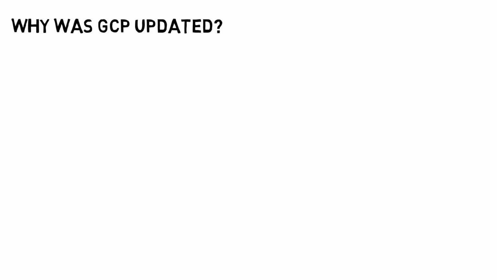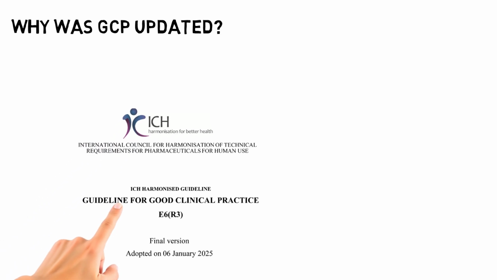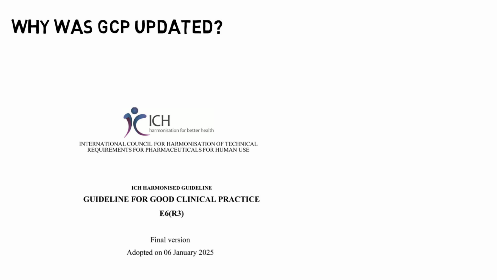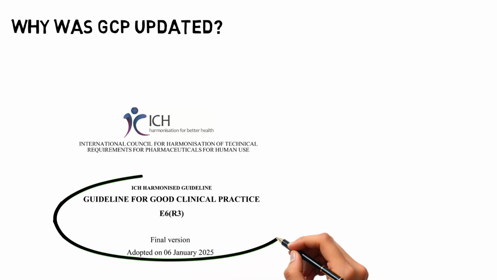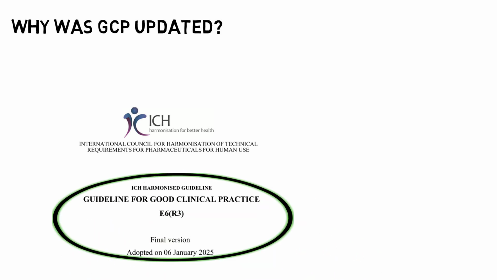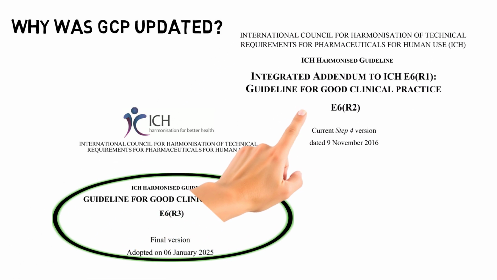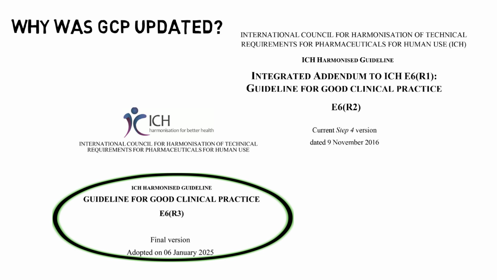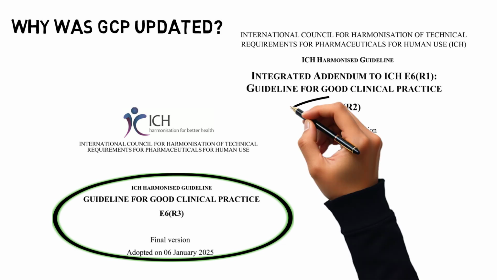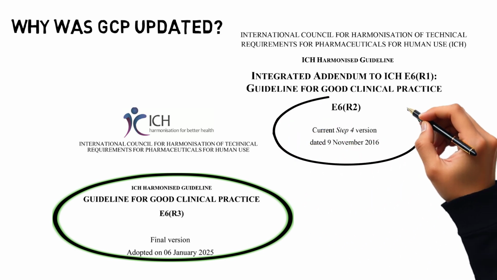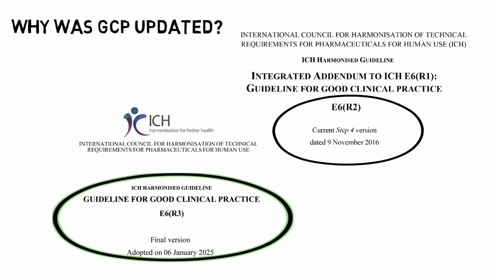Why was GCP updated? The release of ICH GCP E6(R3) marks the most substantial revision since the guideline's inception. While the R2 version introduced in 2016 brought risk-based methodologies and acknowledged some technological advancements, it lacked the flexibility to account for varying risk levels in different types of trials and had a limited scope.